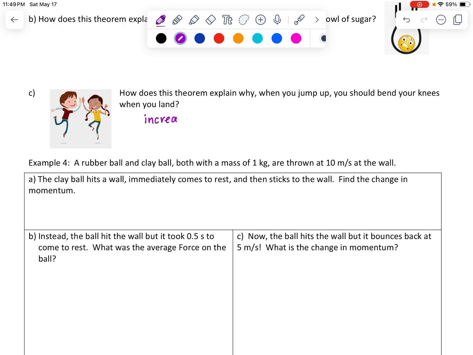Increasing the time of impact decreases the force.